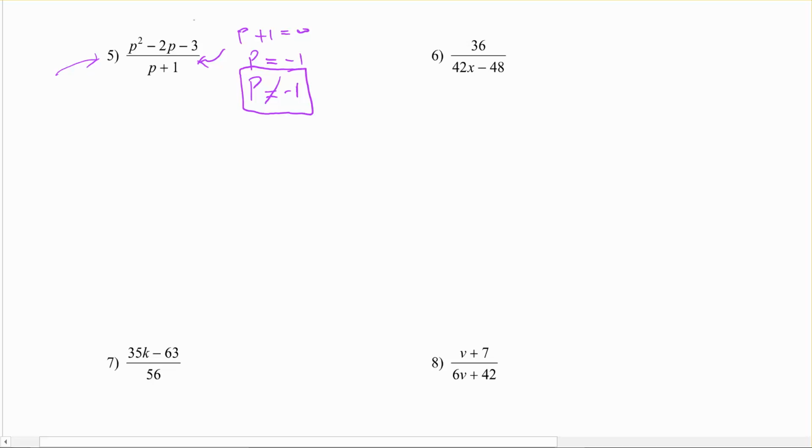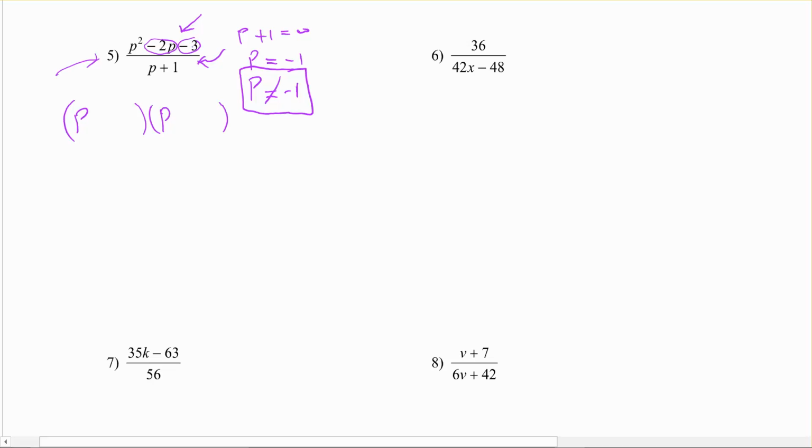So what we need to do with these ones, do you remember all that factoring that we did in earlier units? Well, that's where it's going to come in handy. So we're going to factor the top. Maybe I'll break it down just so we can remind you here. It's going to be p and p, and then remember, it needs to multiply to this number and add to this number.